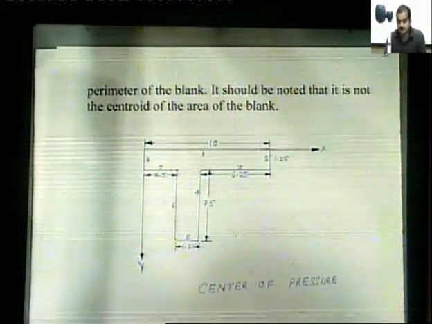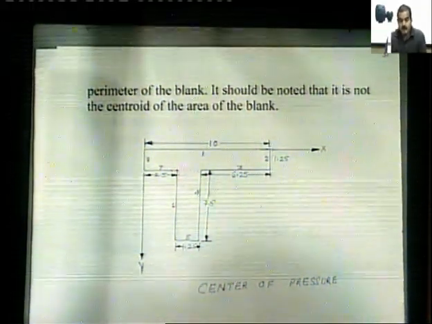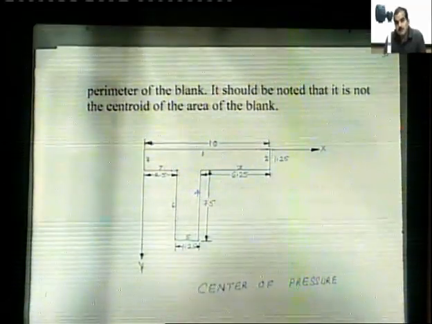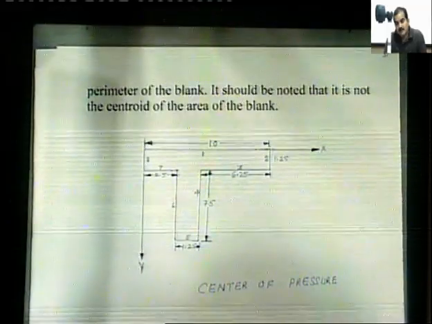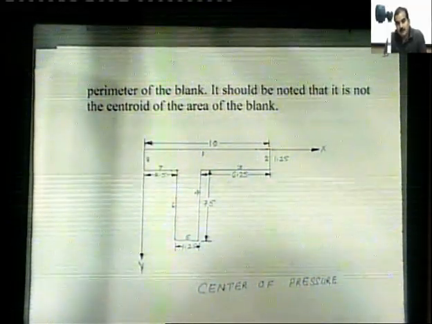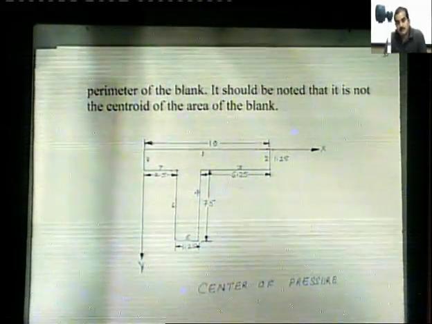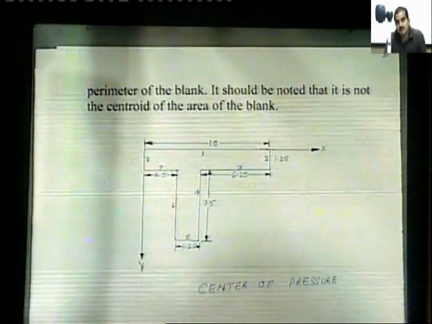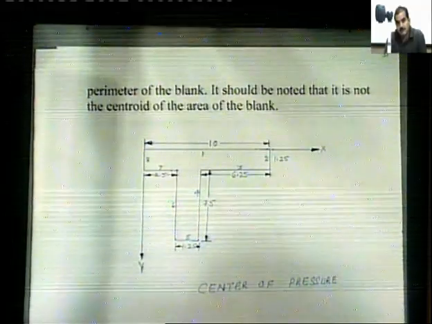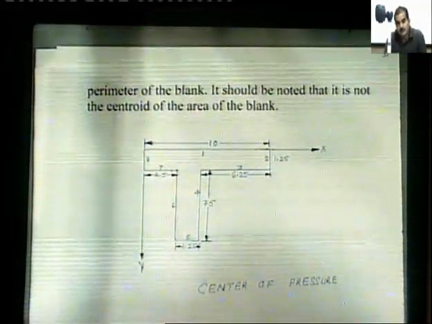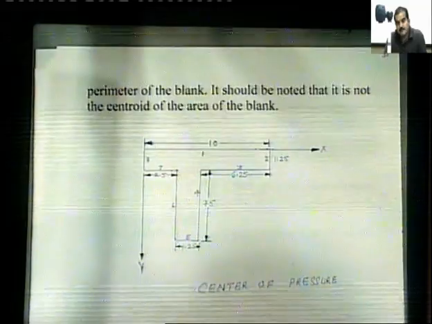Now, if the workpiece is not symmetrical, then the shearing forces on one side of the center line of the ram may not be symmetrical to the sum of the shearing forces on the second side of the center line of the press ram.